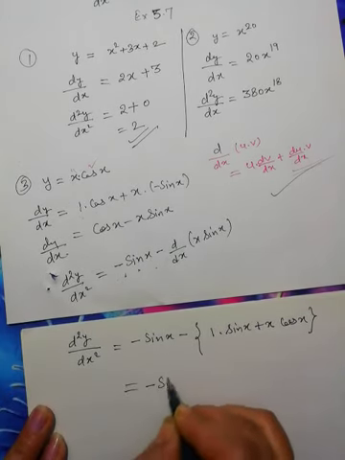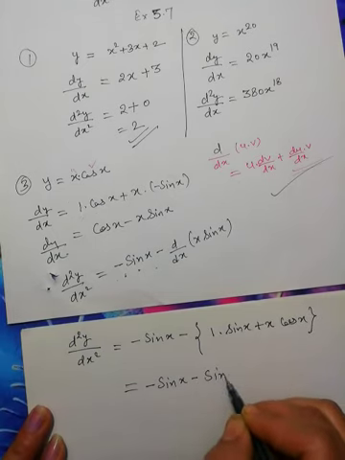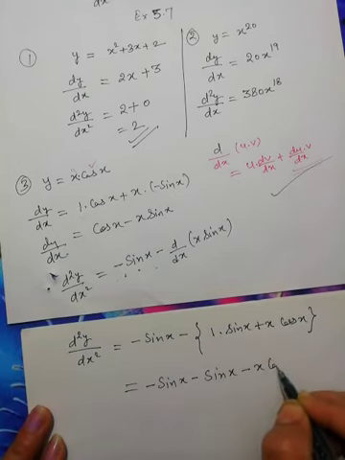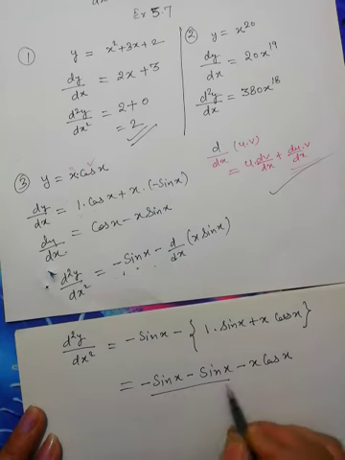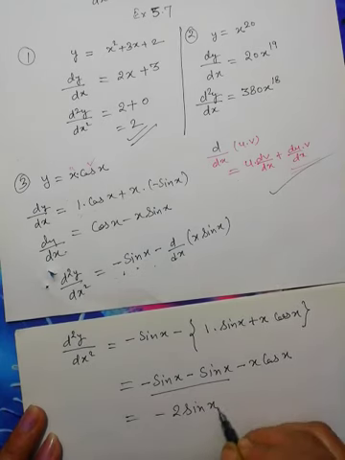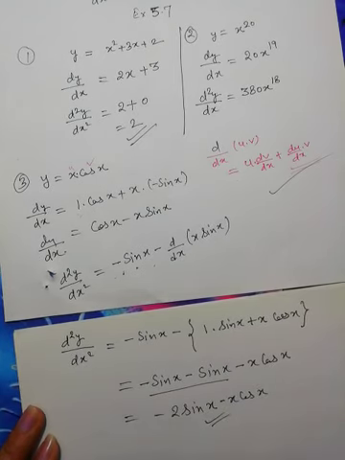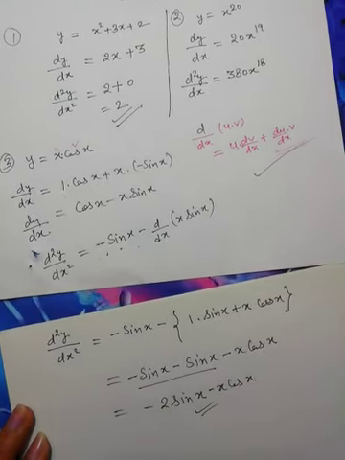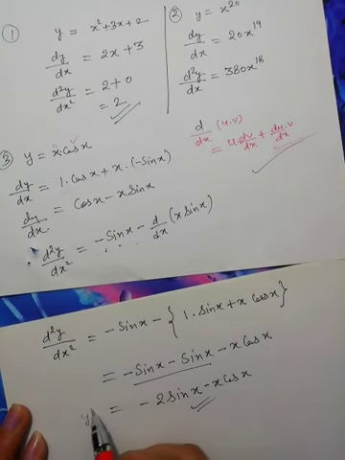That is minus sin x minus sin x minus x cos x. These are like terms, so we can write it as negative of 2 sin x minus x cos x. This is your second order derivative d2y upon dx square.